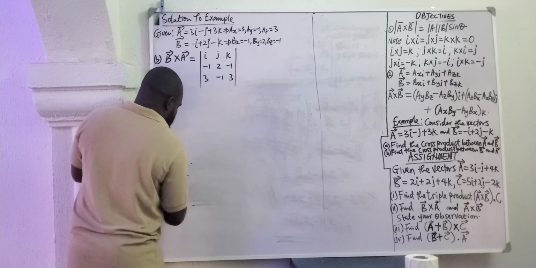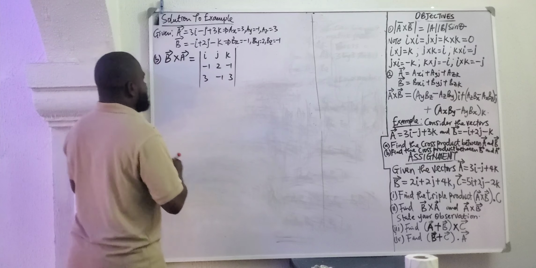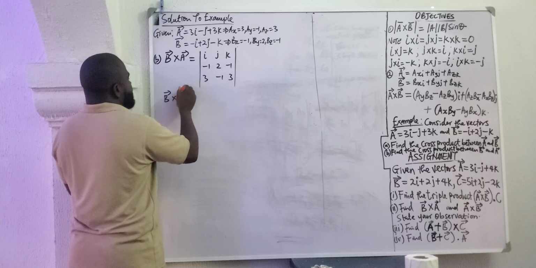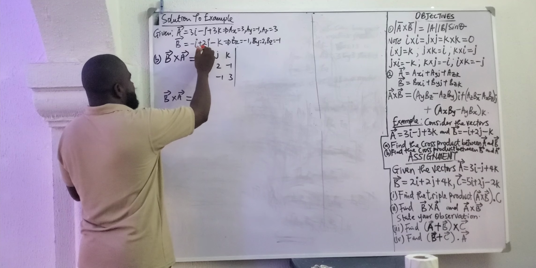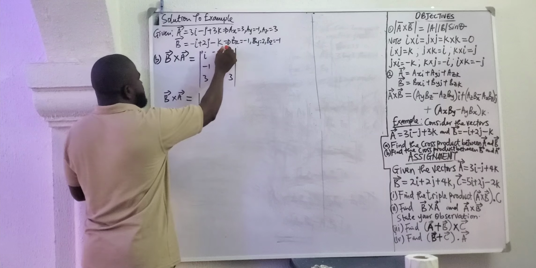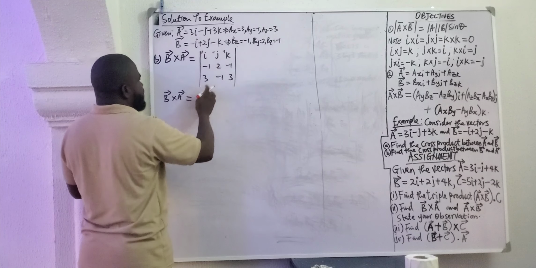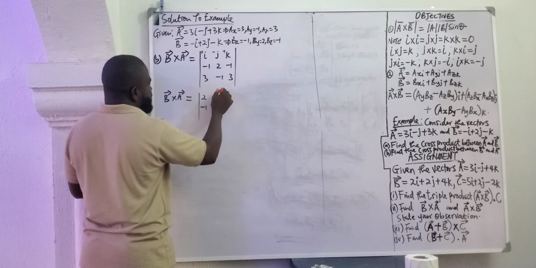To 2 by 2 matrix. That will give me that B cross A is equal to, remember the positional sign, plus, minus, plus. So that gives me, I reduce the row and column. What do I have left? 2, minus 1, minus 1, 3.